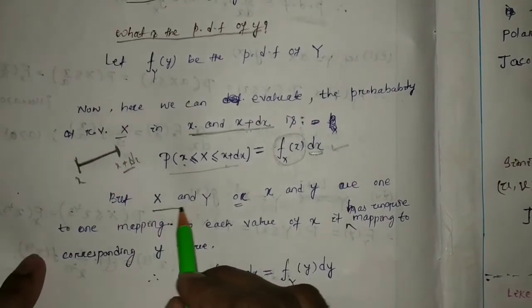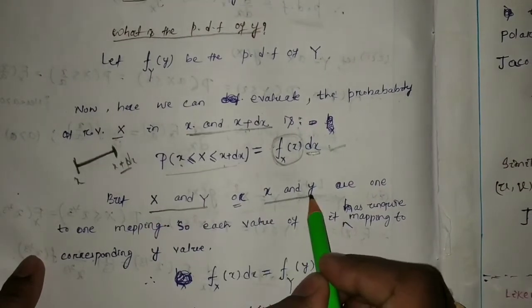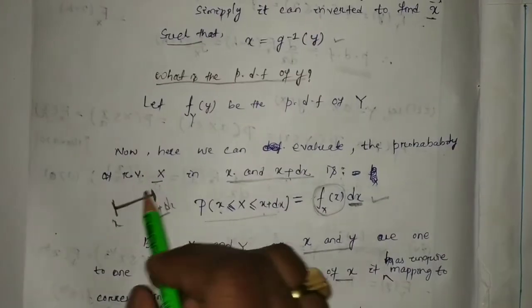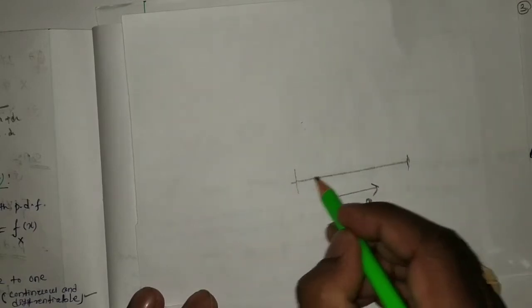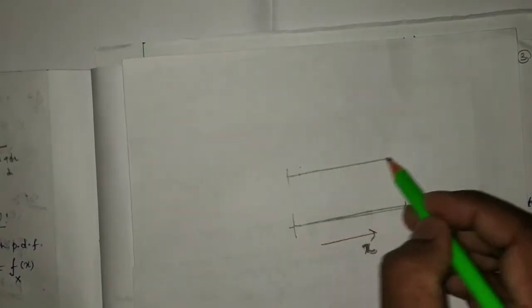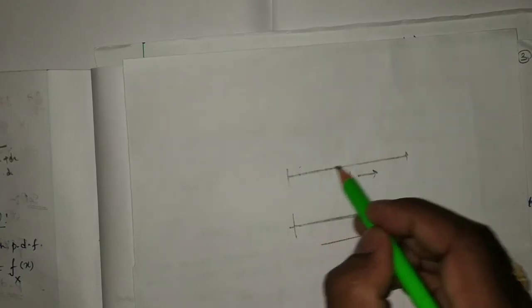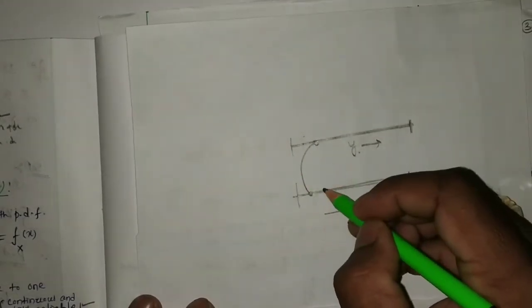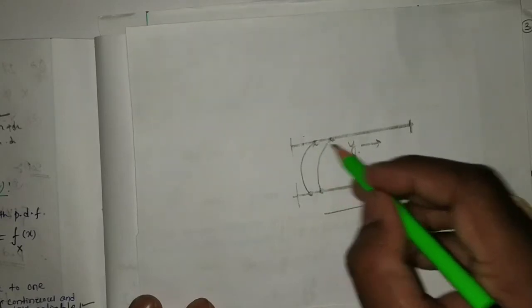But small x and y are one-to-one mapping. Here we are considering one dimensionally the variation of random variable x along this line. For one value of x, we get one value of y. Suppose this line is the variation of y and this line is the variation of x. So each value of x has one value on the y line.